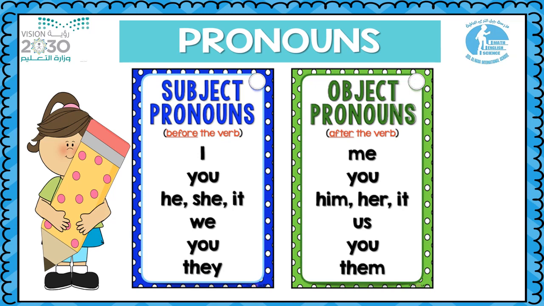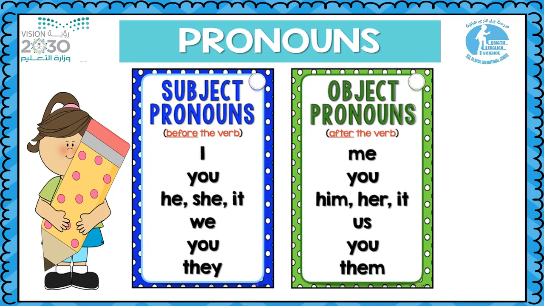You can start the sentence with you, like you are happy, and you can put you after the action verb, like he called you. After the action verb called, I put the pronoun you, no problem.